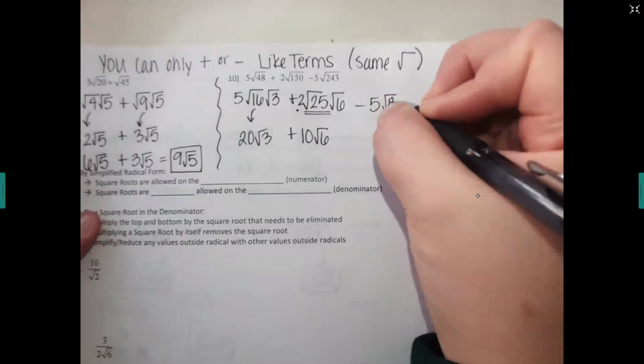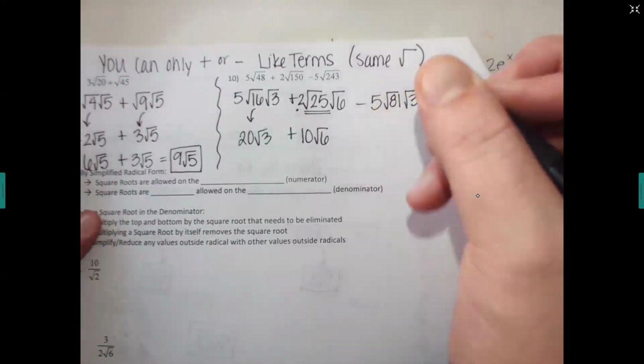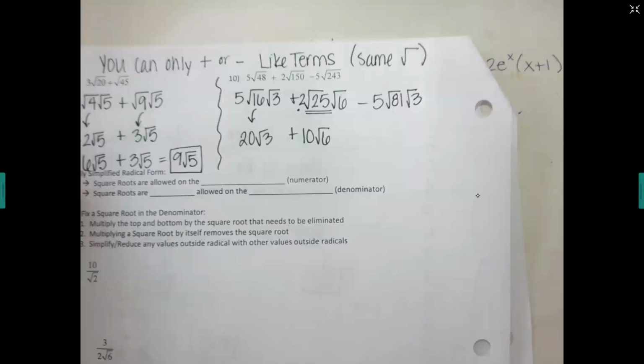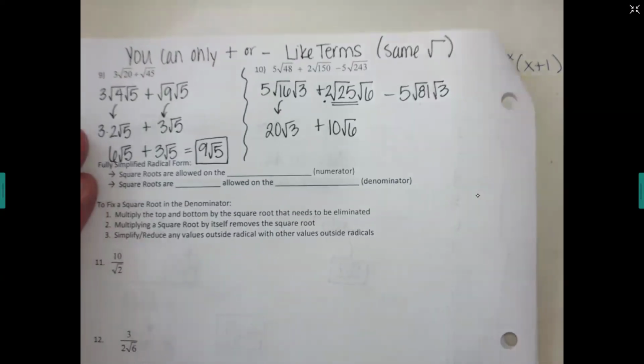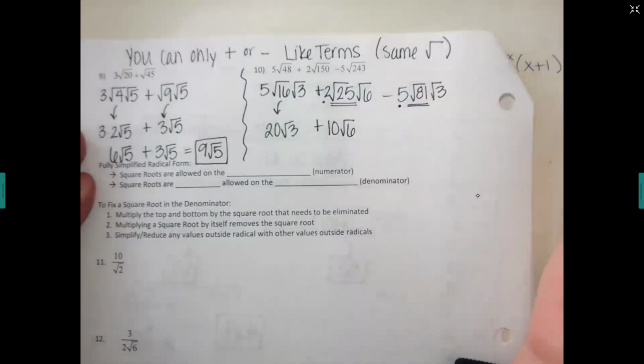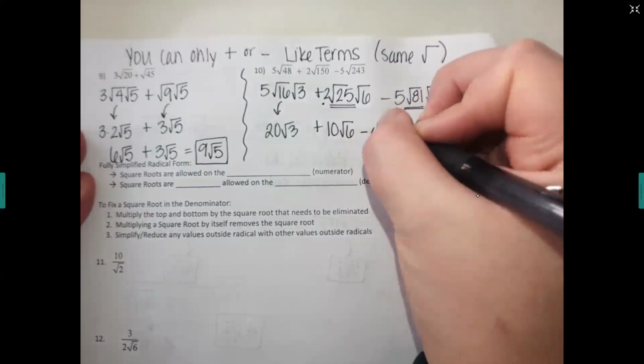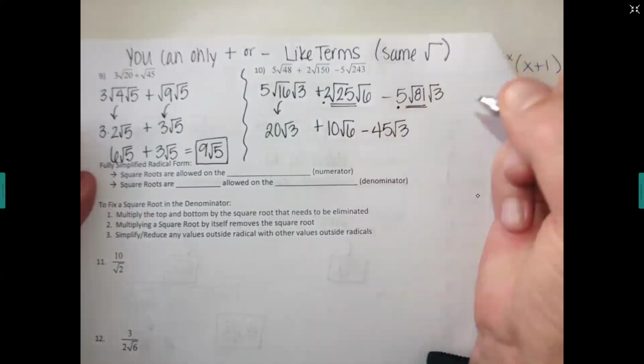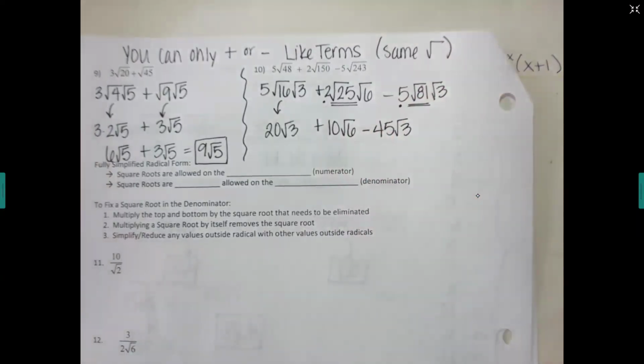And then what's the square root of 81? 9. Remember, you have your list. But if this is a 9 and I have to times it by the 5 in the front, what's that going to end up being? 45 root 3. And then out of those choices, notice the root 6 cannot combine with the root 3s, but the root 3s can combine with each other.